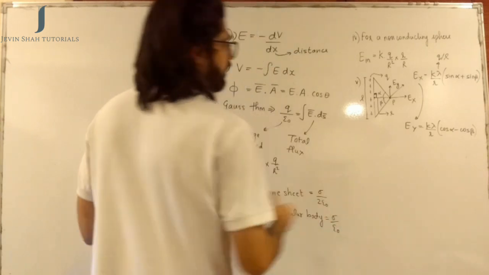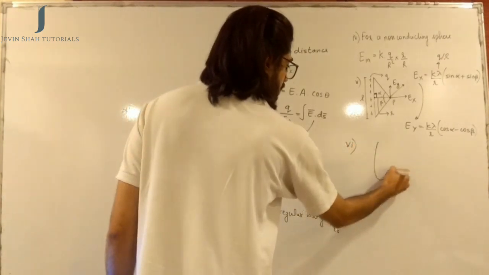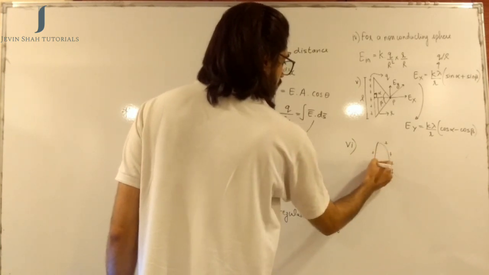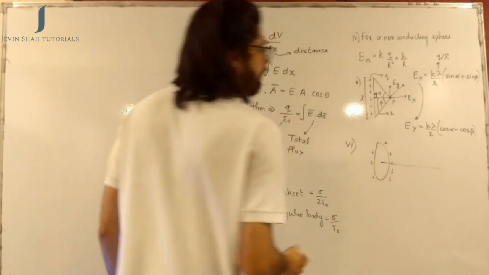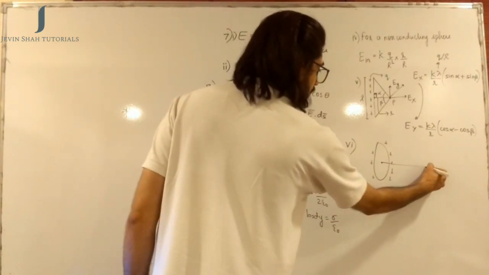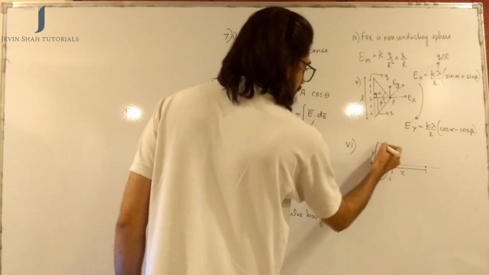And now one last shape for which you need to remember the formula of E. Take a circular ring and that is charged. The total charge, let it be Q. From the center of the ring on the axis, I have drawn the axis of the ring. On the axis of the ring, there is a point and that point is at a distance of x.